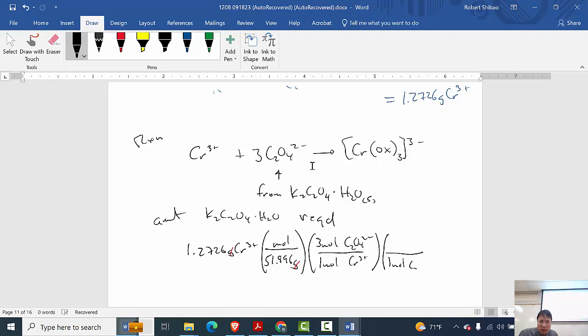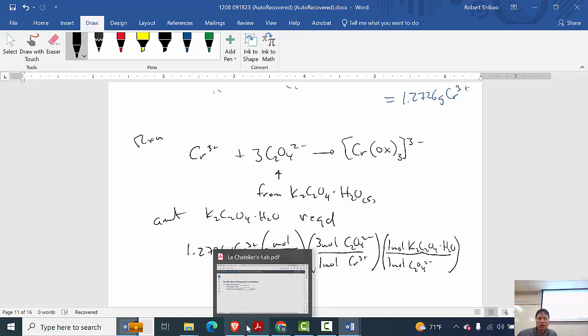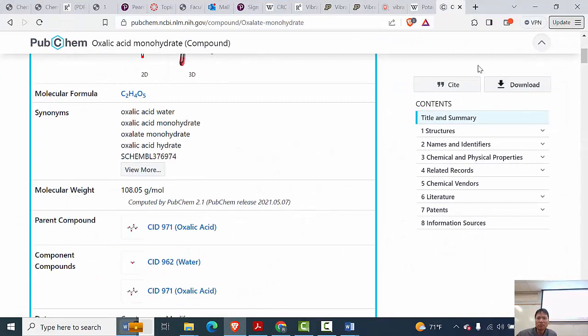And then for every mole of oxalate, I need 1 mole of potassium oxalate monohydrate. And then I need the molar mass of potassium oxalate monohydrate, and I don't want to calculate it, so I'm just going to look it up.